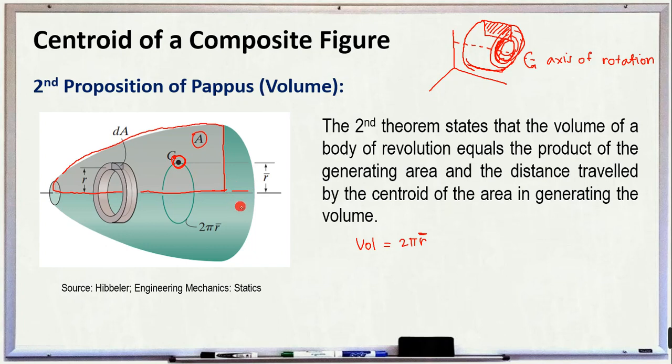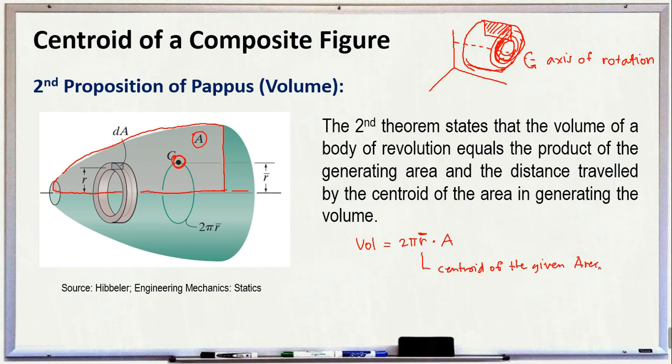So if that is known, then you can directly solve for the volume of the object that is being generated without having those lengthy integration. So 2 pi r bar times the area. Okay, so again, r bar is the centroid of the given area.